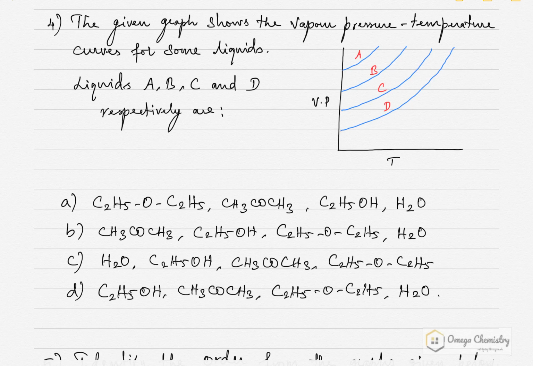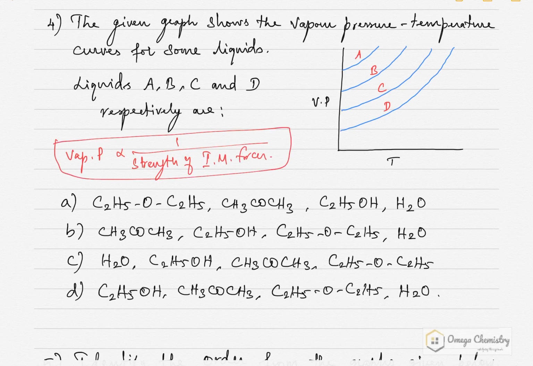Among the four, the one which is highly volatile will have greater vapor pressure, because vapor pressure is inversely proportional to the strength of intermolecular forces. Diethyl ether will have very poor intermolecular forces, which means it will have greater vapor pressure.